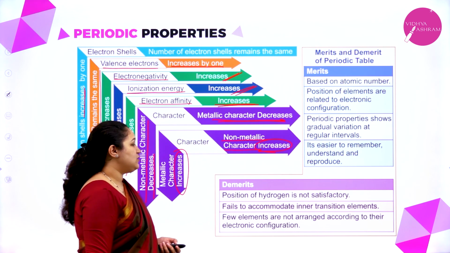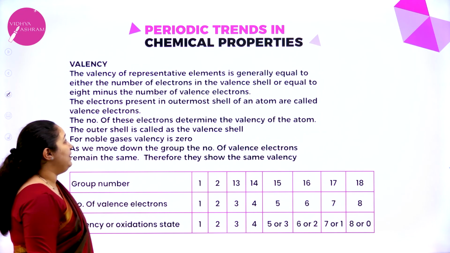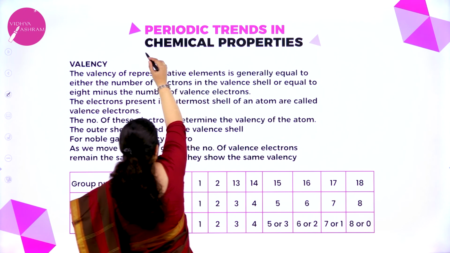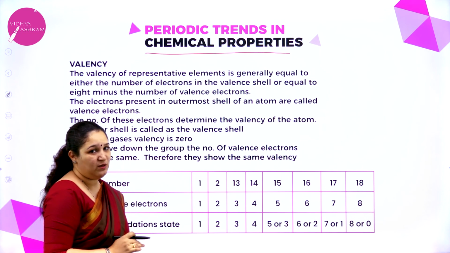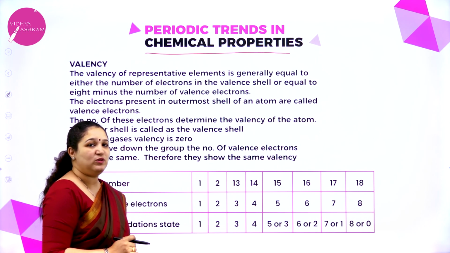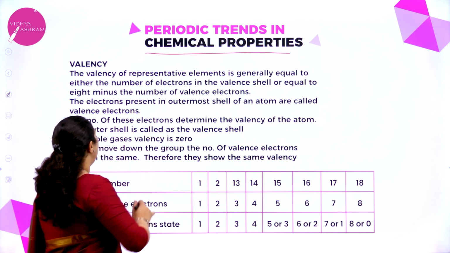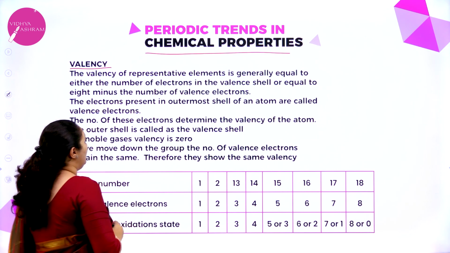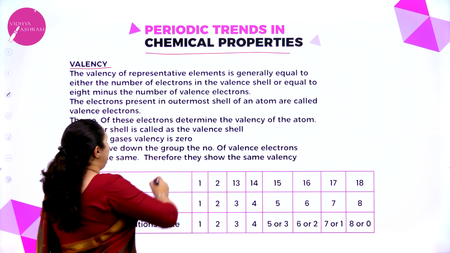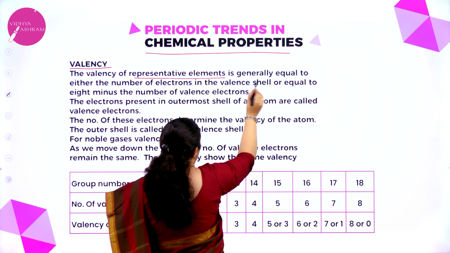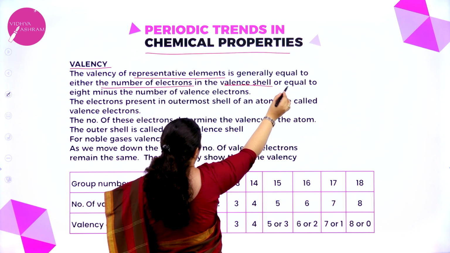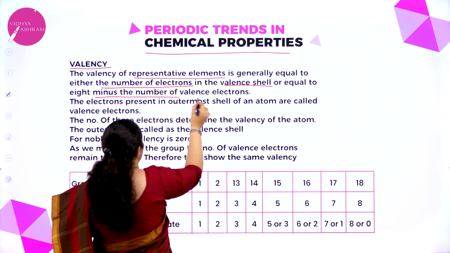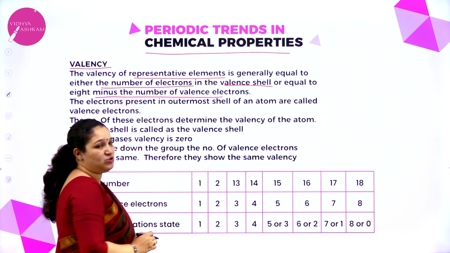Okay, next what do we have? Periodic trends in chemical properties. Till now we learnt about the physical properties. Now we are going to learn about the chemical properties. First one is valency. The valency of representative elements is generally equal to either the number of electrons in the valence shell or equal to 8 minus the number of valence electrons.